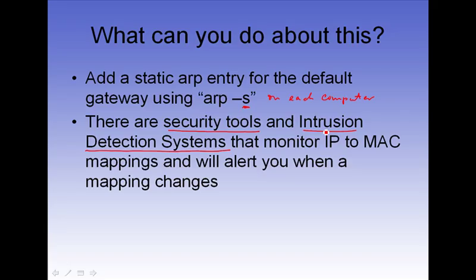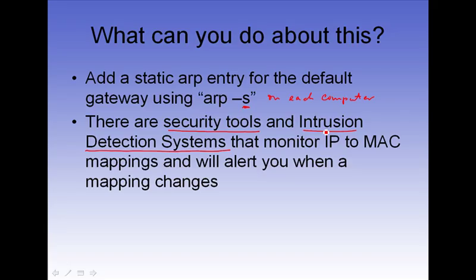And every time they see a packet like an ARP request or an ARP reply, they make a note of the IP number to MAC address mapping. And if they've got an entry in their little database and they see a different MAC address for that IP number, they send out an alert to you saying, this has been changed.